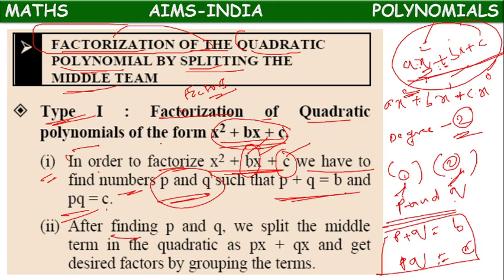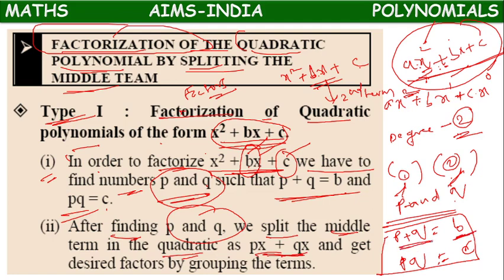After finding the two numbers p and q, we split the middle term. X square is the first term, bx is the second term, the constant is the third term. Out of three terms, the second term is the middle term. We will split bx into px plus qx, because we can write b as p plus q.